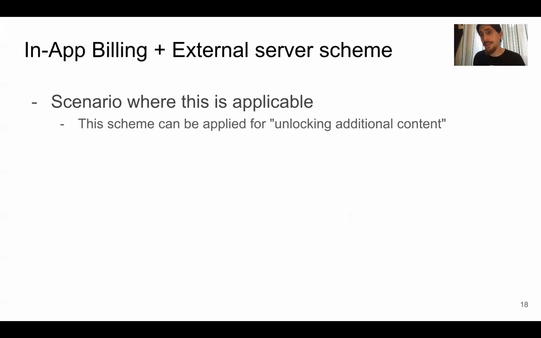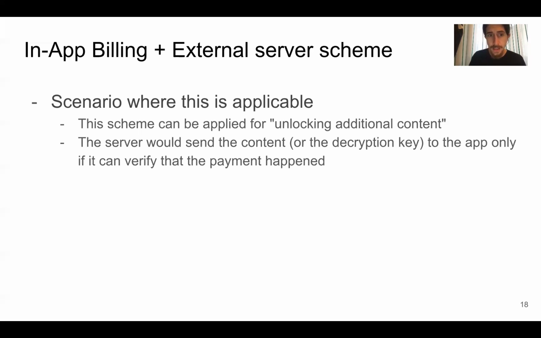I think now I have more details on scenarios where you can actually integrate an external server to say yes or no, the user paid or not. If you want to unlock additional content, maybe you can ship it only after the user actually paid.